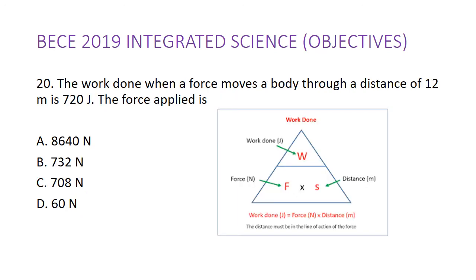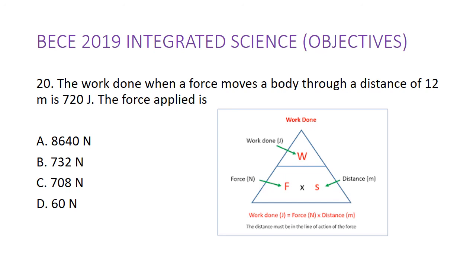Question for this section: the work done when a force moves a body through a distance of 12 meters is 720 joules. The force applied is what? You just use the same method I said. You have W on top, F and S down. You need force, so you cover the force. You have W up, S down, meaning you divide work done by the distance.